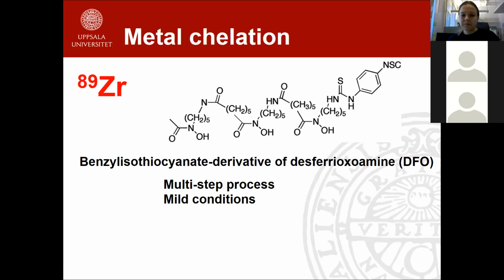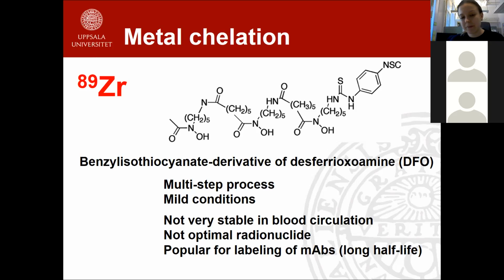So the good thing about labeling with zirconium using the DFO chelator is that it's relatively mild conditions, so good for monoclonal antibodies, but the disadvantage is that it's not very stable in blood circulation, and sometimes zirconium can be released in the bone and liver.